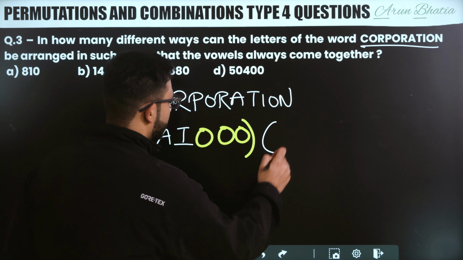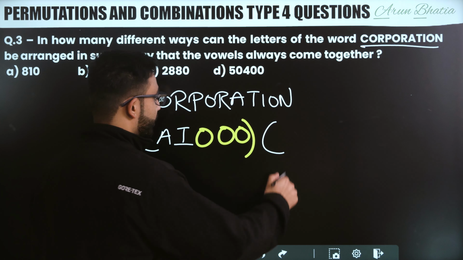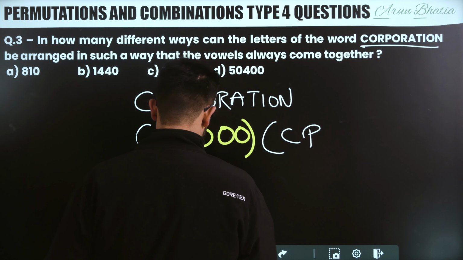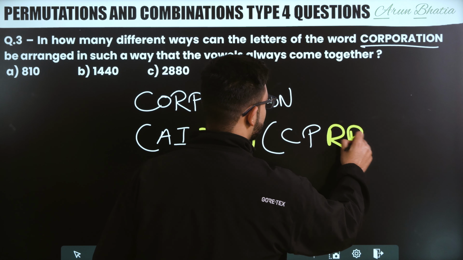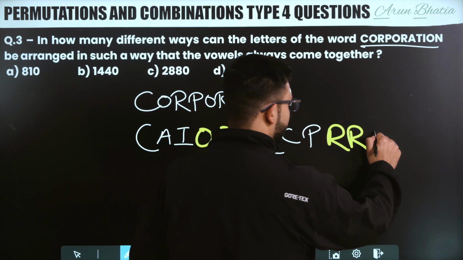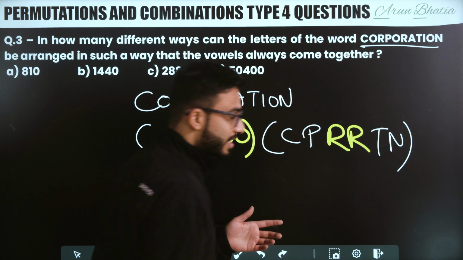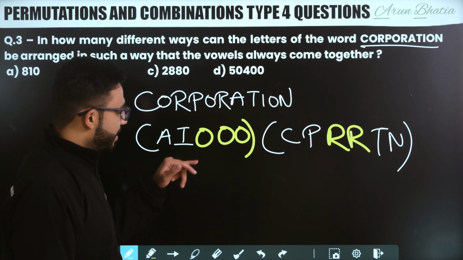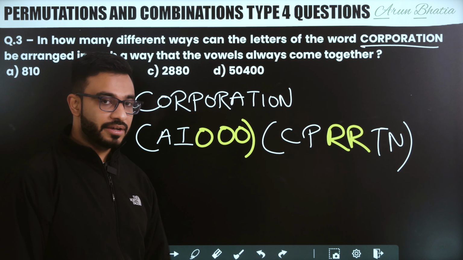And then coming to the consonants, you have C, P, and R is repeated 2 times. So I'll just write it down 2 times. This is to help you understand it in a better way. And then you have T, N. So I've got all the letters down and I've written the repeated letters in yellow ink.